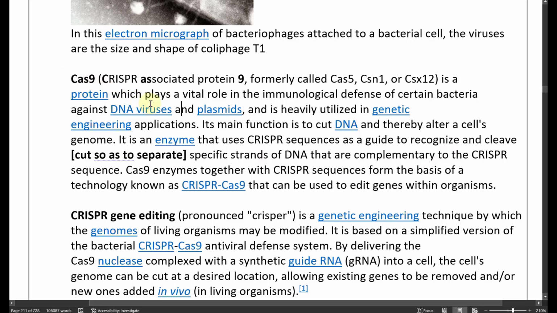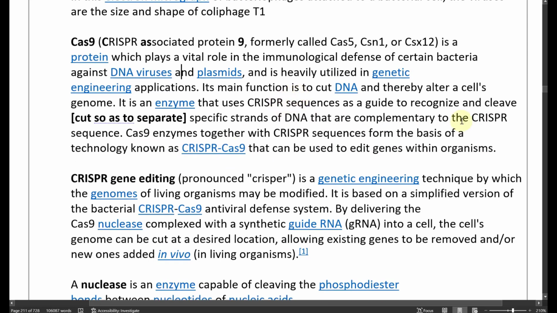So Cas9 is used heavily in genetic engineering, and it can cut DNA to match up with this CRISPR sequence. Cas9 enzymes, together with CRISPR sequences, form the basis of a technology known as CRISPR-Cas9 that can be used to edit genes within organisms.